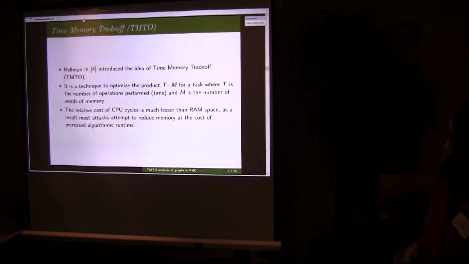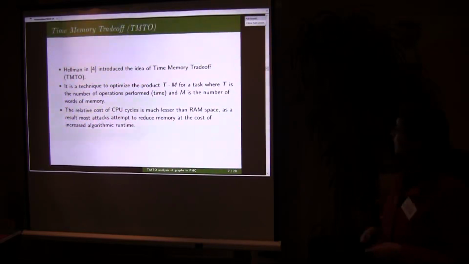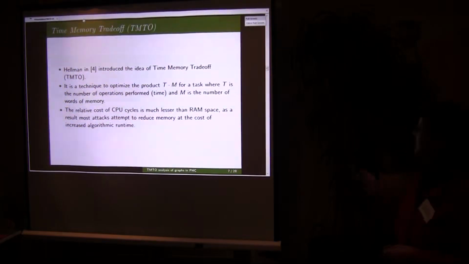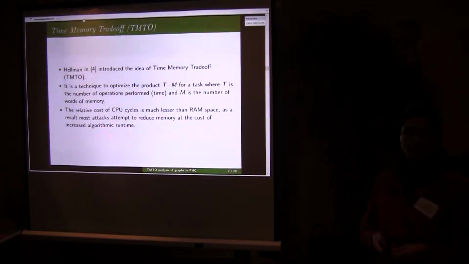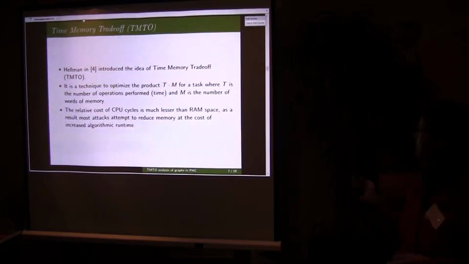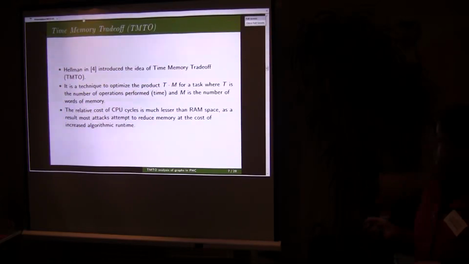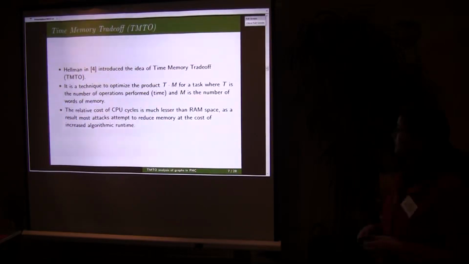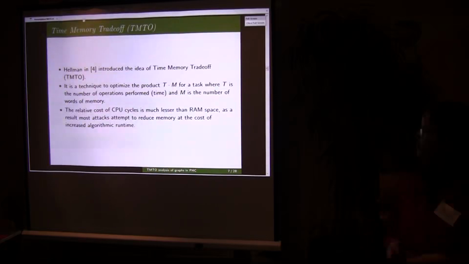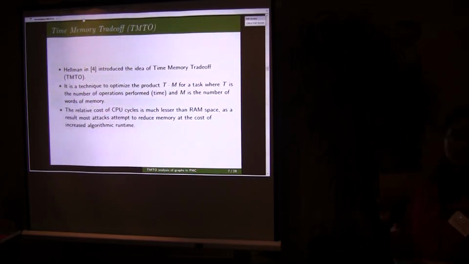The term time memory trade-off is defined by Hellman as the product of time and memory, where time is the number of operations required for the algorithm and the memory M is the required memory. This is very much important because in terms of cost, CPU cycles are much cheaper than RAM space.